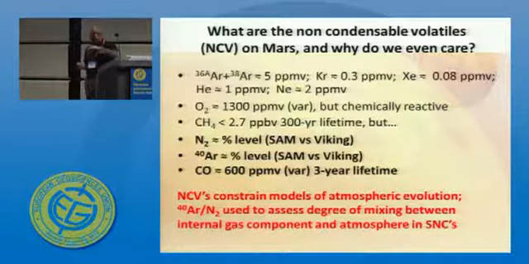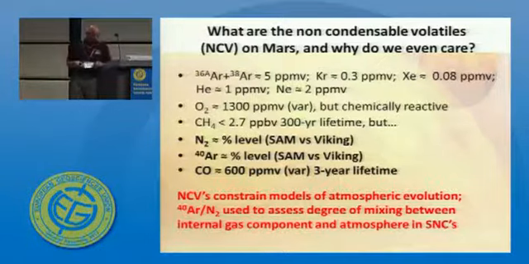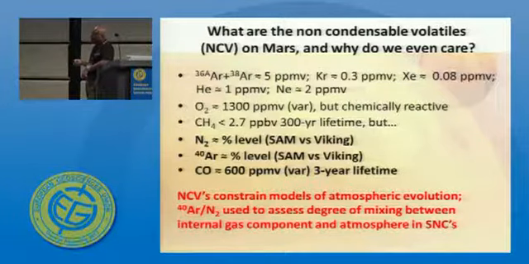And then if you want to study the seasonal changes, then it's a special experiment, and it's not very practical to go after them. Oxygen, we can monitor all the time, but it's chemically reactive. So it's non-condensable, but chemically reactive. So again, it's not a good candidate for studying seasonal changes.